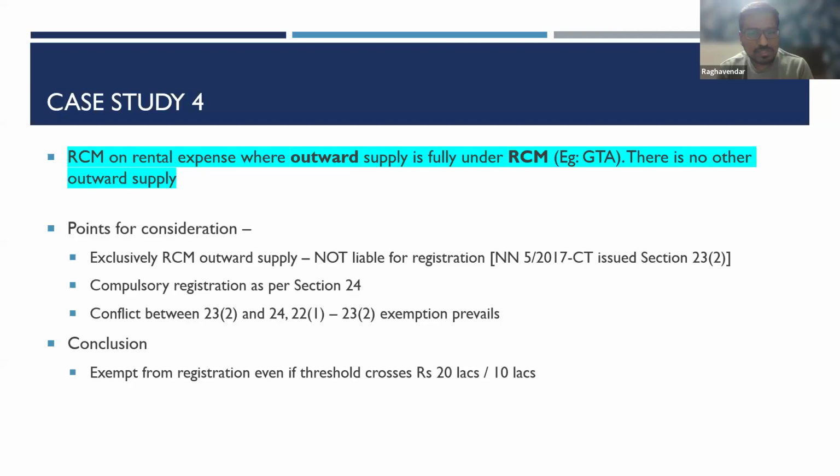So the point for consideration is that exclusively RCM outward supply is not liable for registration as per notification 5/2017 issued under 23(2). But there is also a compulsory registration as per 24 because of RCM.